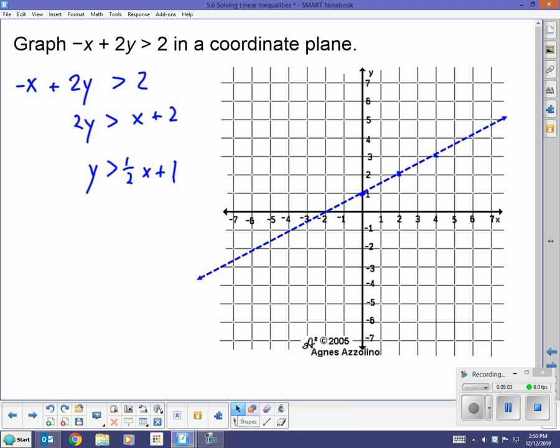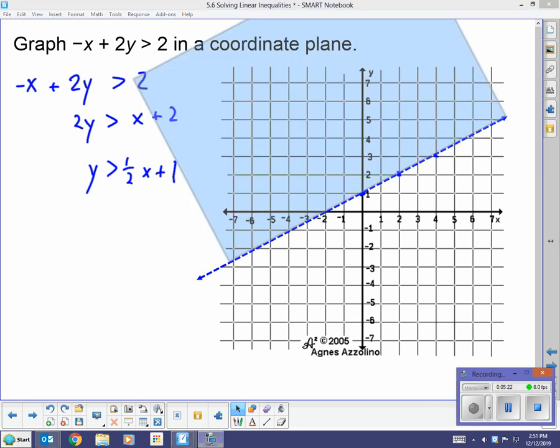Now, as far as the shading goes, if this line is 1/2 x plus 1, and I want y greater than that, I want the area above the line, because as we go up on the y-axis, those are the greater numbers. So that's going to look like this. Boom.